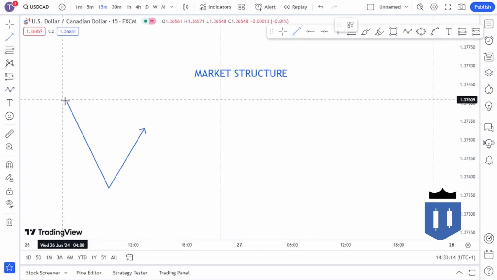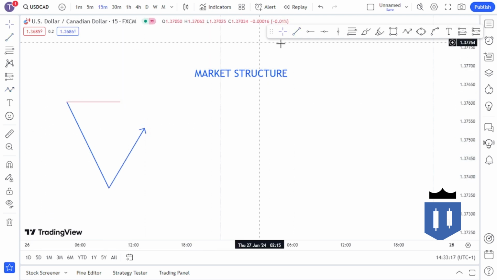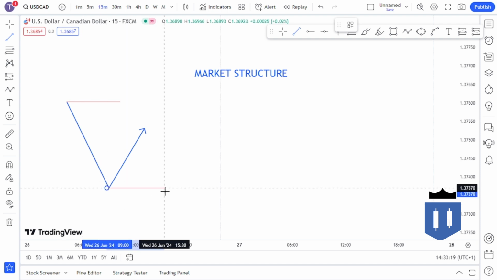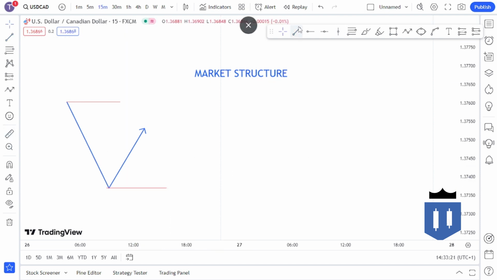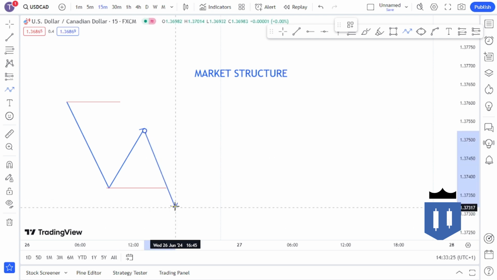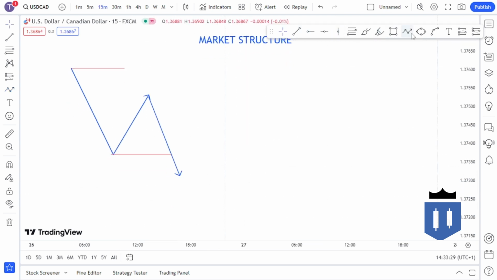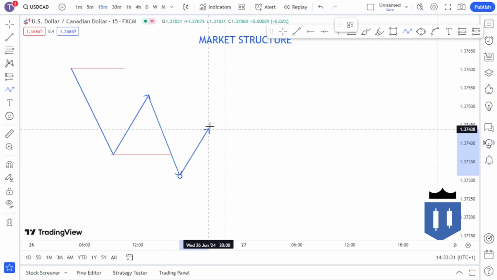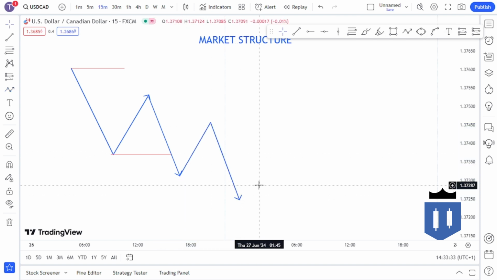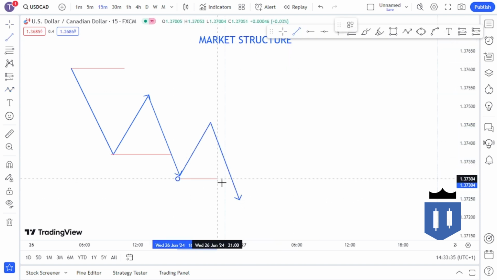So we have this as a high, we have this as a low. Okay, now when you find that the market keeps breaking previous lows every time, keeps breaking lows that have been marked and creating new lows consistently over and over again, you know what's going on. A downtrend is what's going on.